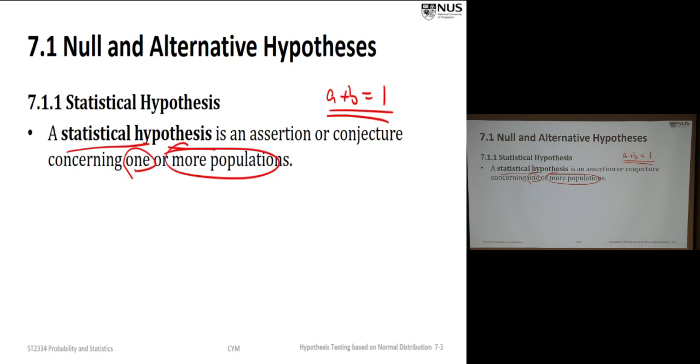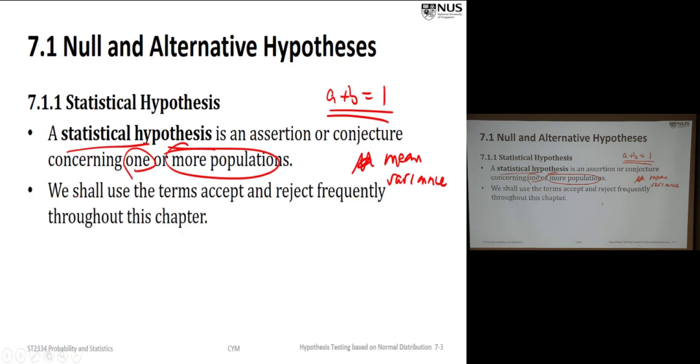To make life easier, we only consider two characteristics: mean and variance of a population, or the difference of the means, or the ratio of the variances. These are the characteristics that we discuss in this chapter. Other characteristics are not covered.